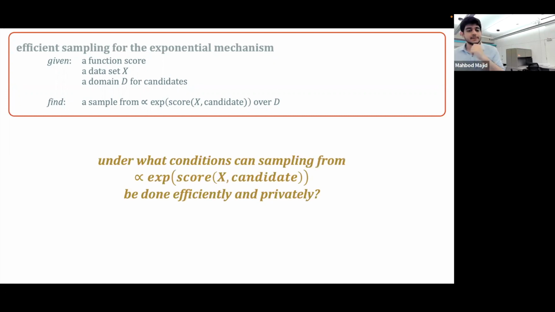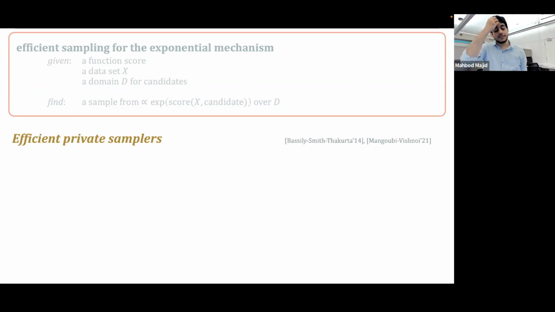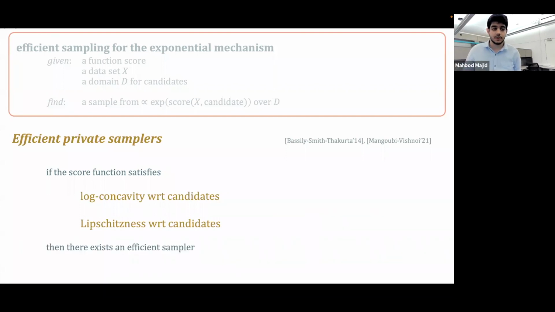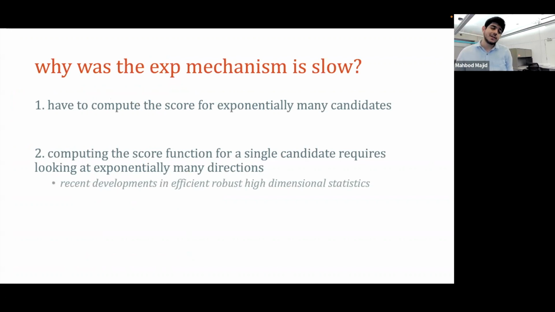Unfortunately, this problem has been studied before, specifically by Bassily, Smith, and Thakurta in 2014, and more recently by Mahbod and Mission in 2021. So basically, if the score function is both concave and Lipschitz with respect to the candidates, then there exists an efficient sampler for the exponential mechanism.